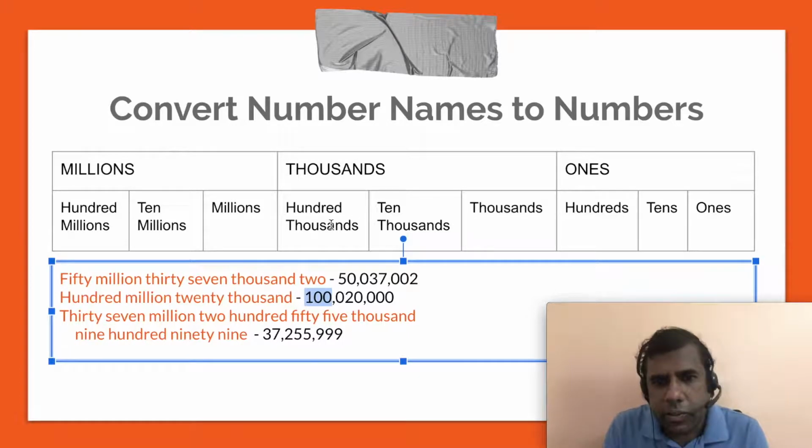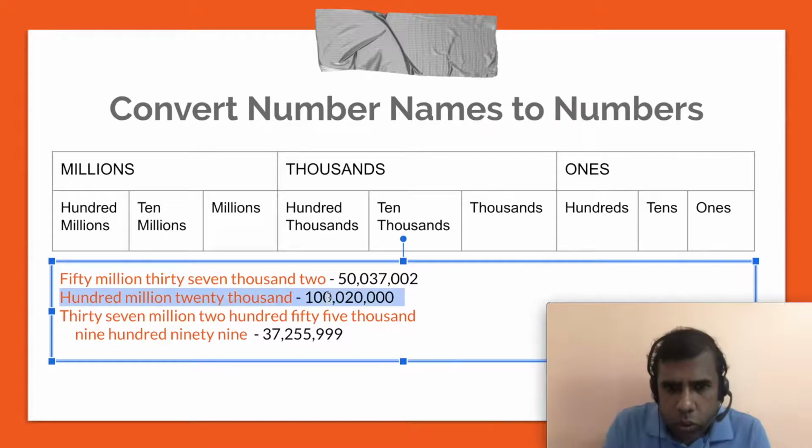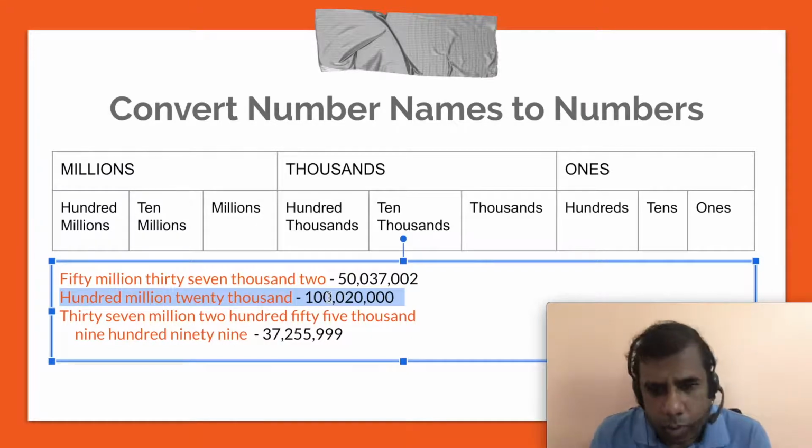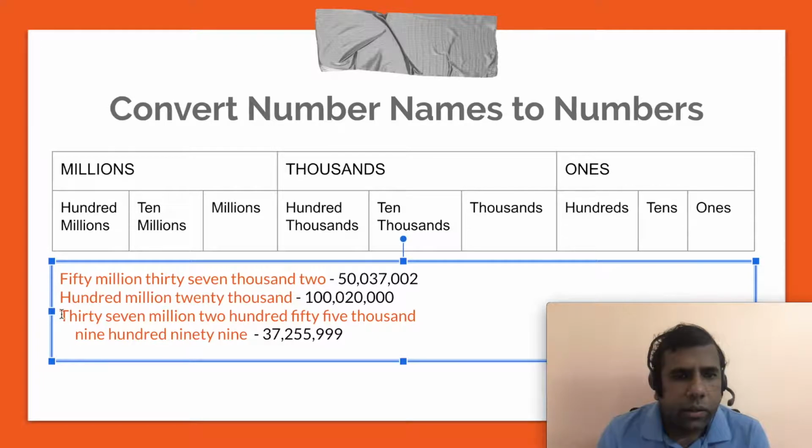So the 100,000s place is going to be 0, the 10,000s will be 2, and thousands will be 0 again. So 020, and ones will be all zeros because it's not mentioned. So this number is going to be 100,020,000.